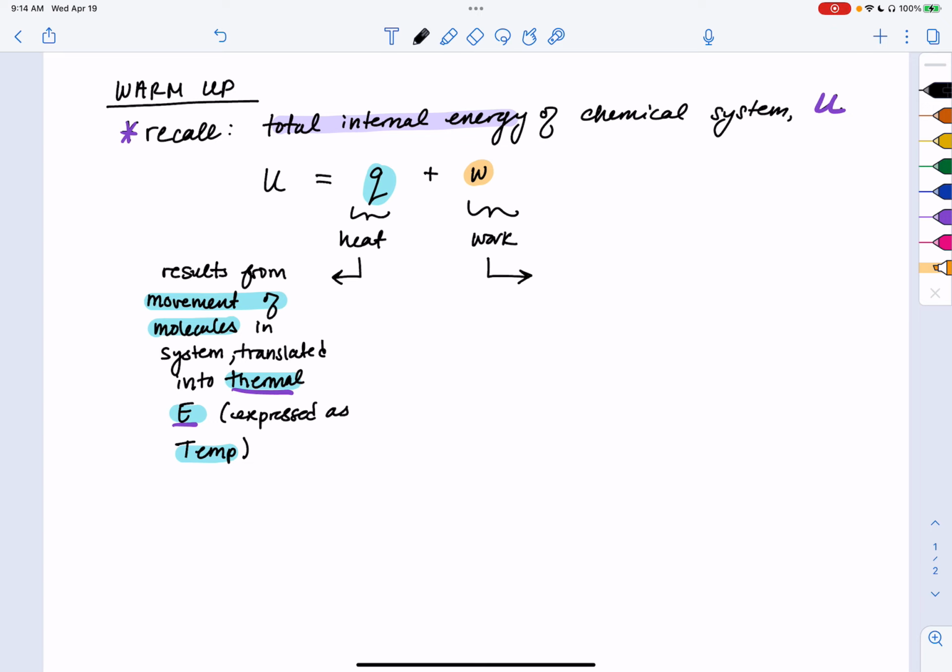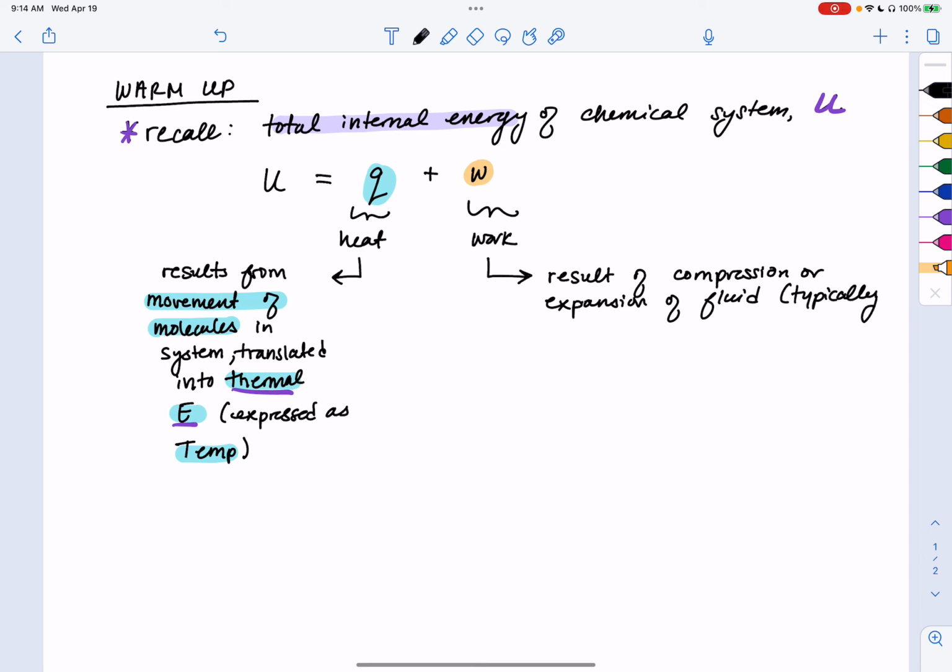So the work that we're going to look at is the result of the compression or expansion of a fluid, typically gas.